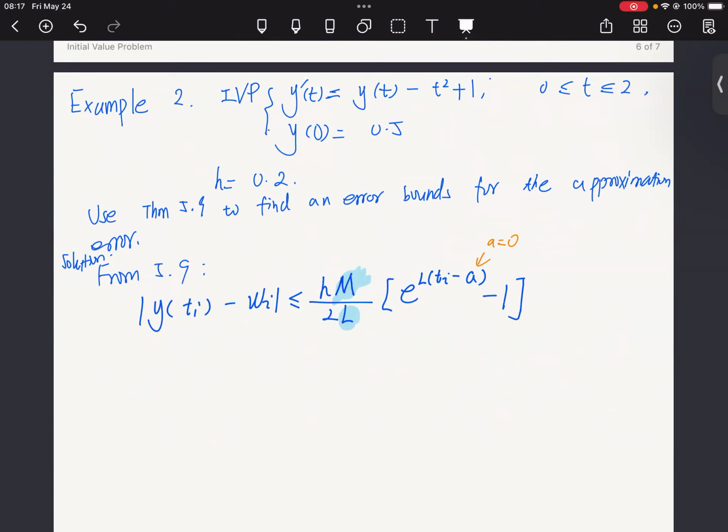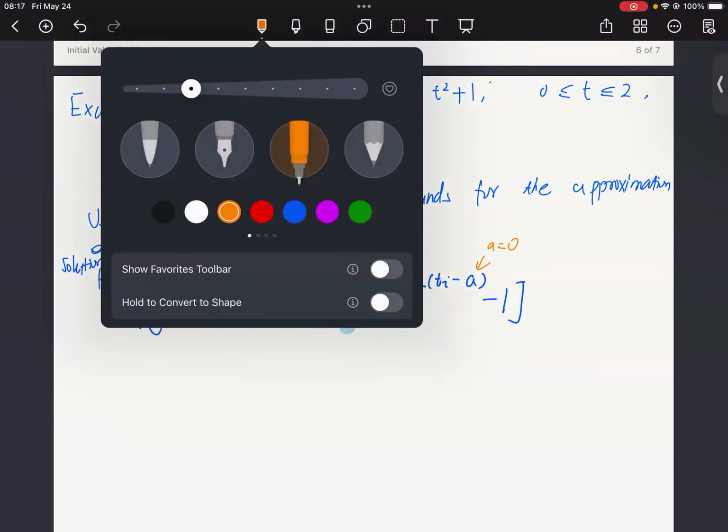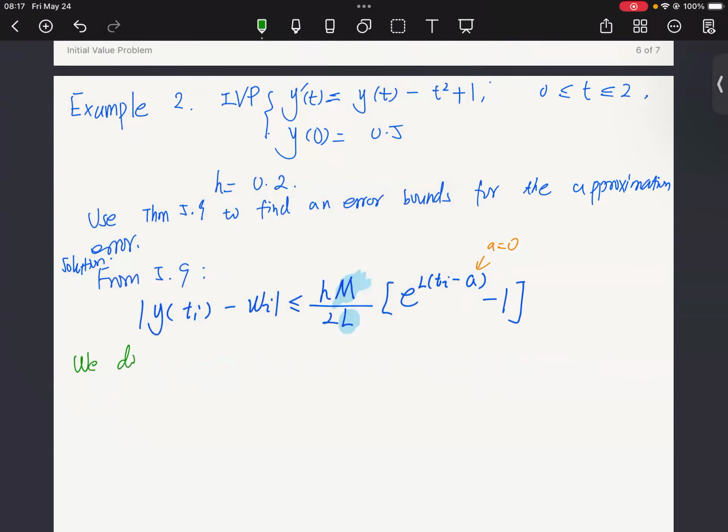So what should we do? Actually, there's some magic here. We can do it. The magic is that we don't know the exact solution yt, and how can we compute the second derivative? This is the question, the second derivative.